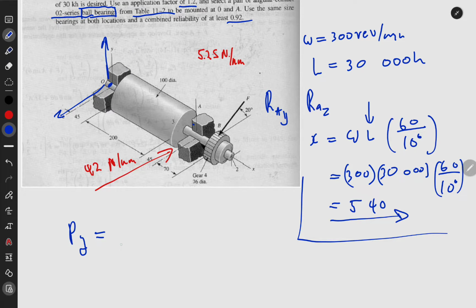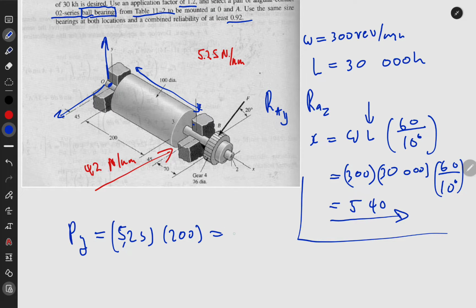So it's going to be the normal force, 5.25, multiplied by the length this force is acting upon. That force is used for rolling, so obviously it's the size of the roller. If you look into the dimensions they gave us for the roller, we are seeing something like 200.